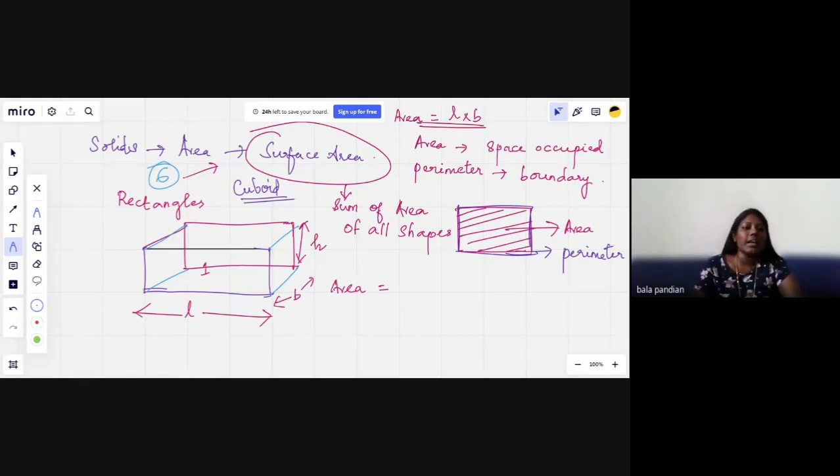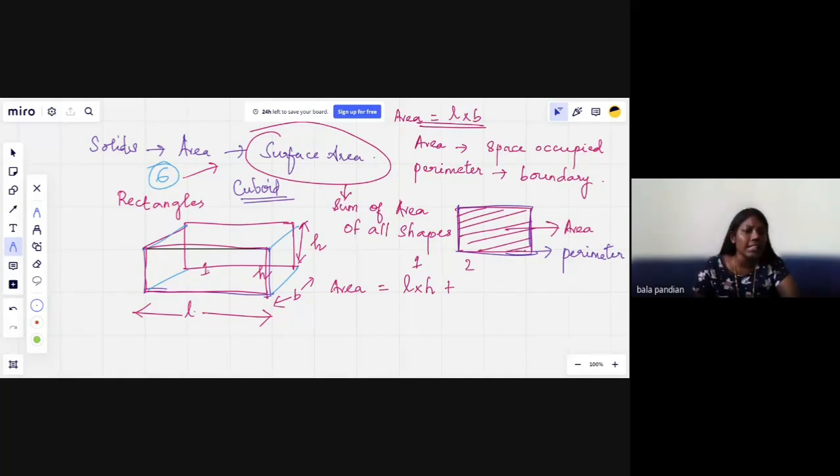Now look at rectangle 1. Just leave out everything. Go with the rectangle 1 alone, this particular rectangle. So it has a length and it also has a height as the sides. So I'm writing the area of the first rectangle to be L into H. Now, find out the area of the second rectangle.